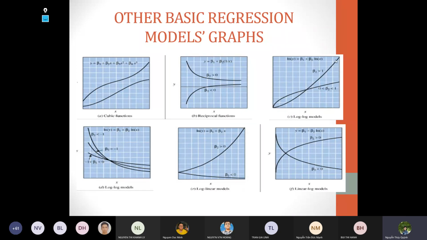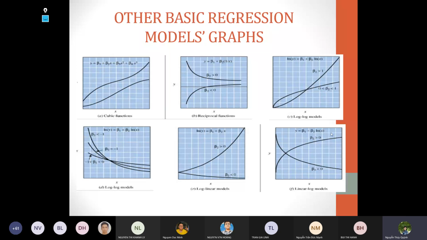Also in the log model, this is the case where the slope is smaller than 0, and this is the case where the slope is greater than 0. Here is the case where the natural logarithm of y is a linear function of x, and here is the case where y is a function of the natural logarithm of x.